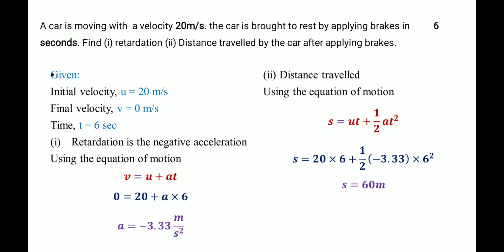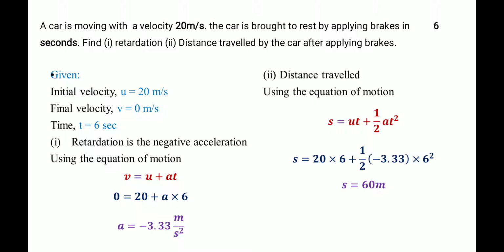So first velocity is 20. After 6 seconds it goes to 0. So we need to find the retardation. Retardation means negative acceleration. So we can use the formula V is equal to U plus AT. Initial velocity 20, final velocity is 0. We will get the value as a negative value. So negative of acceleration reveals that it is retardation, reduction in velocity.